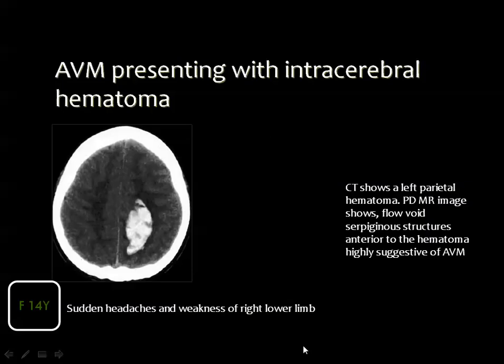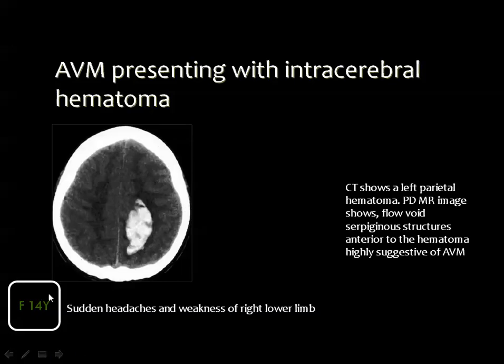And actually, this is a female child, 14 years old, who presented with sudden headache and weakness of the right lower limb. The CT scan showed a hematoma in an unusual location, and this is the high parietal area.